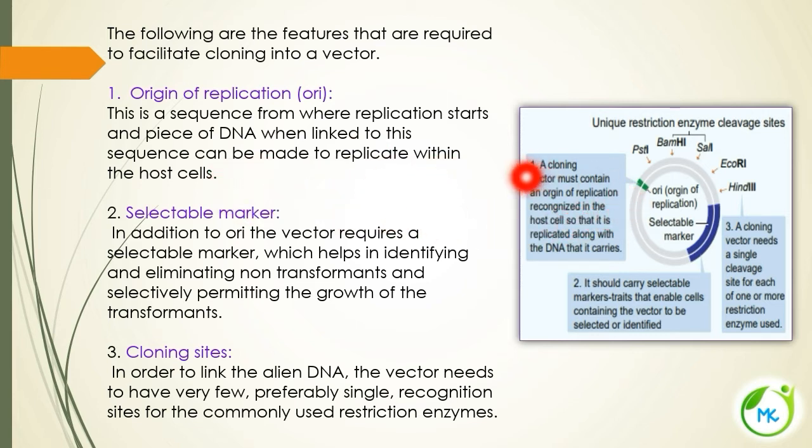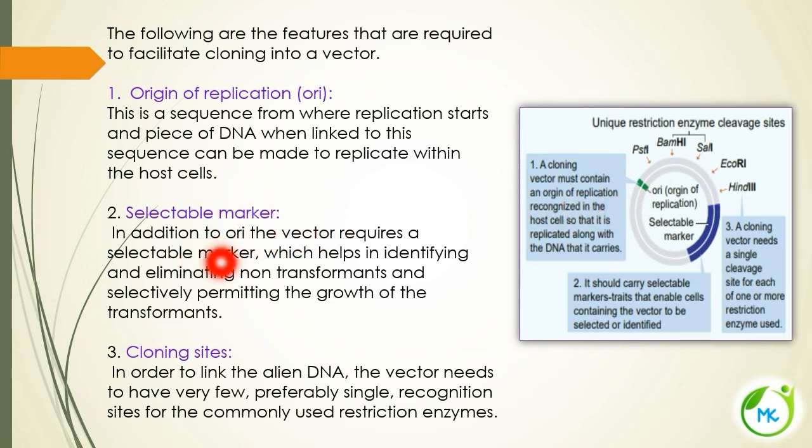So when we are linking the foreign DNA, we have to link it along with the origin of replication, so that the insert, that is the foreign DNA, can also replicate when it is inserted into the host cell.